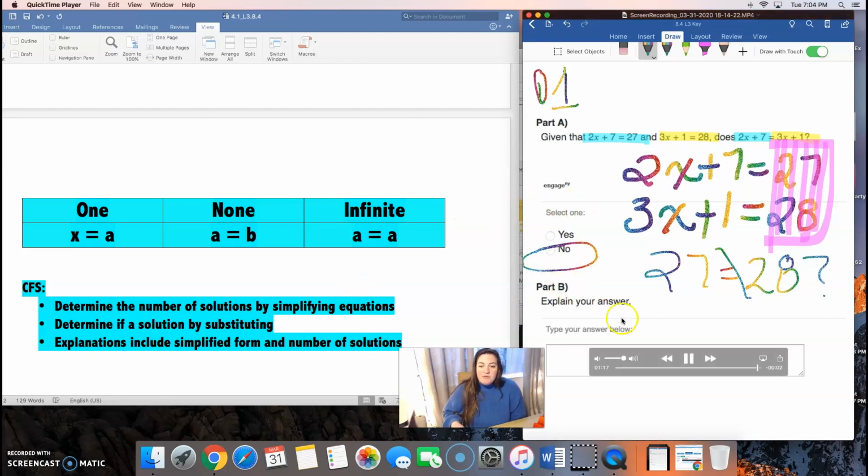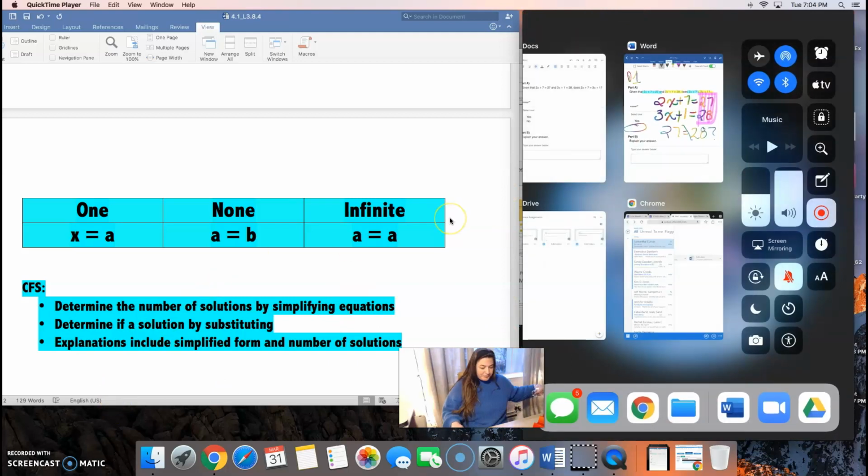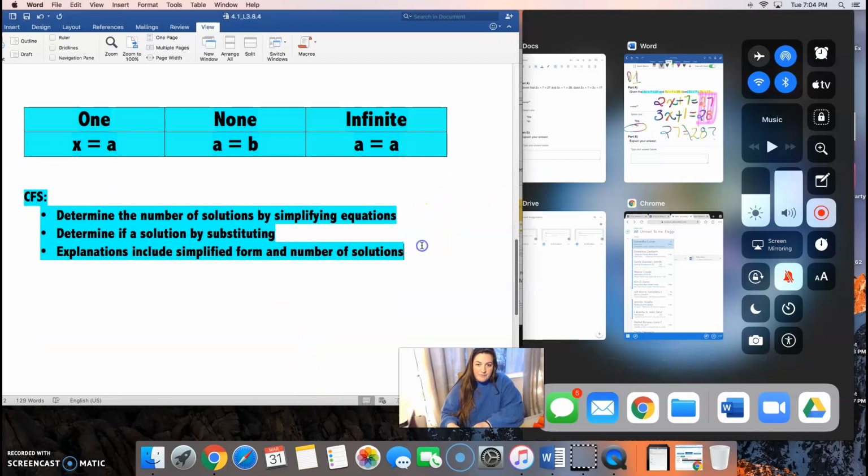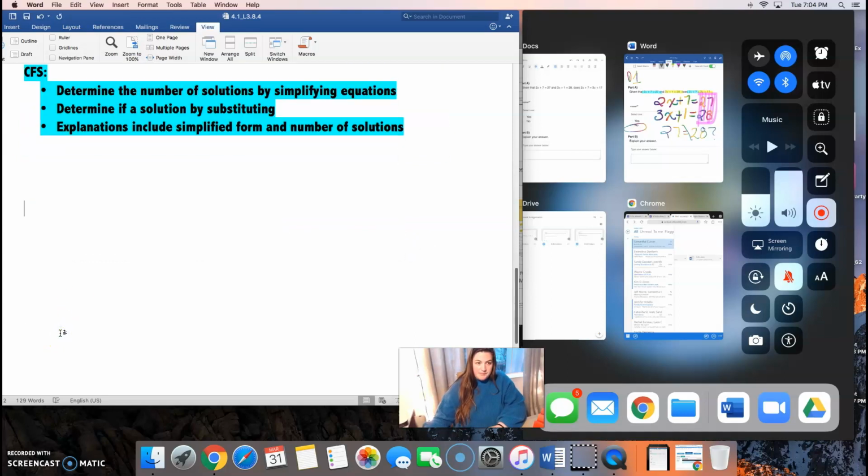So if I were to be writing this as an explanation, I would write: There are no solutions. I apologize. The question was, can we write it like that?